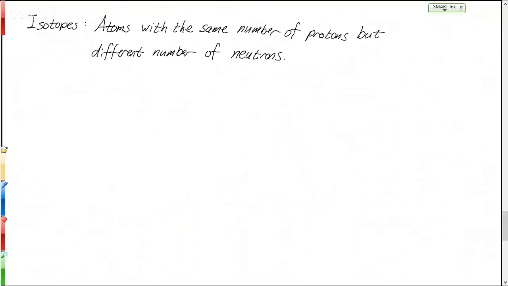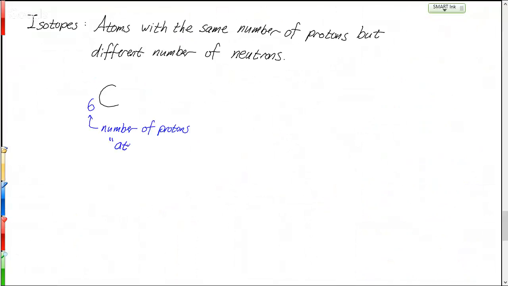All right. So the way we express this is like this. Let's take carbon. We can put a C there, which is the symbol for carbon. And we also often will put a number down here to the lower left, which tells us the number of protons.